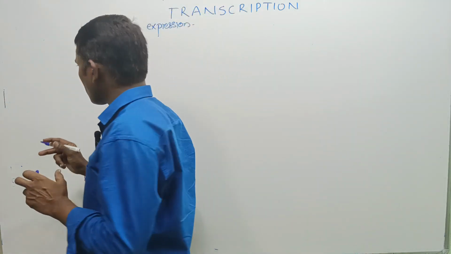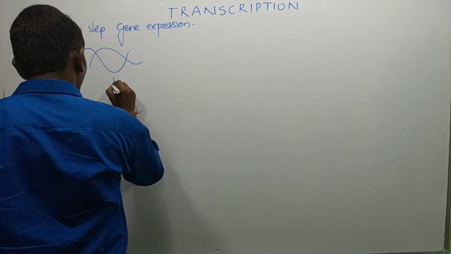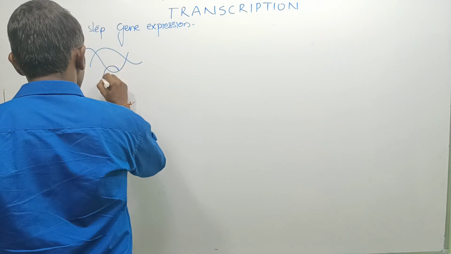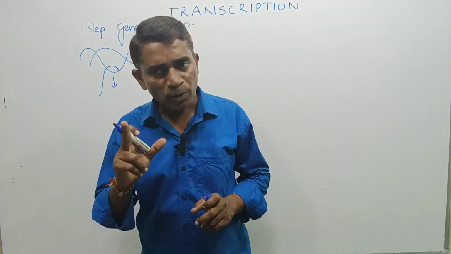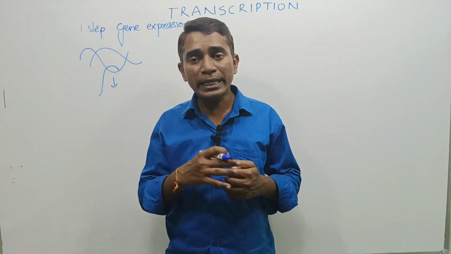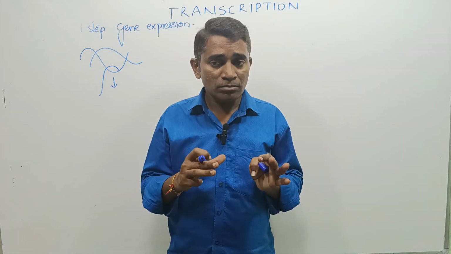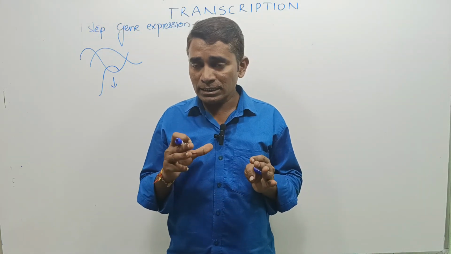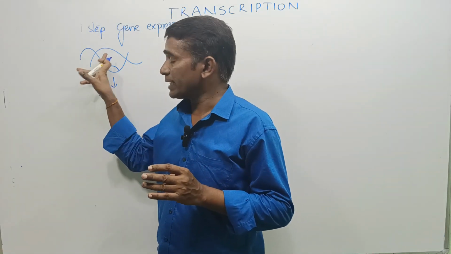The synthesis of RNA from a DNA molecule is catalyzed by the RNA polymerase enzyme. This RNA polymerase enzyme is only one in prokaryotic organisms, whereas in eukaryotic organisms, there are three in number. It catalyzes synthesis of RNA from DNA.